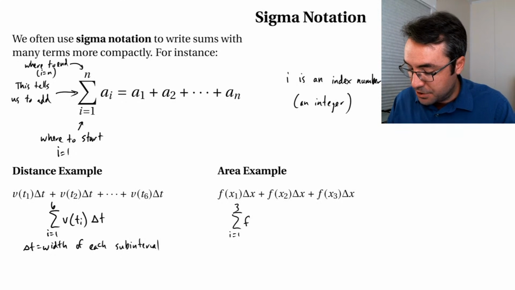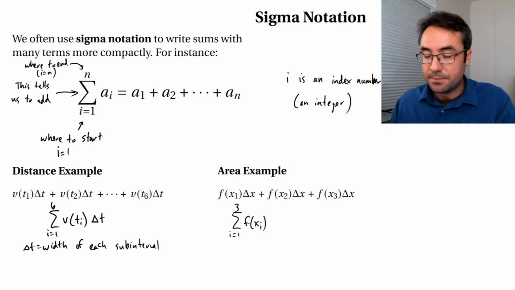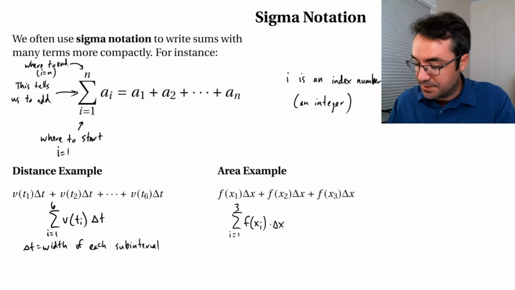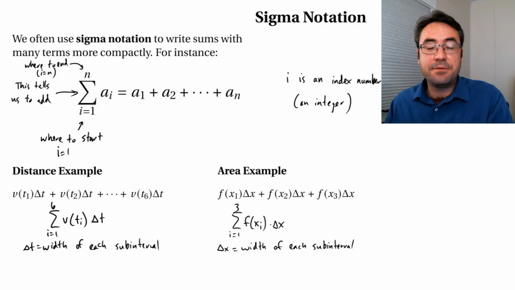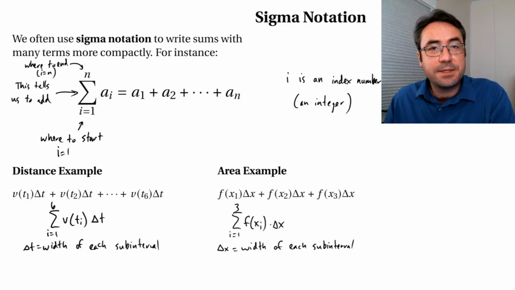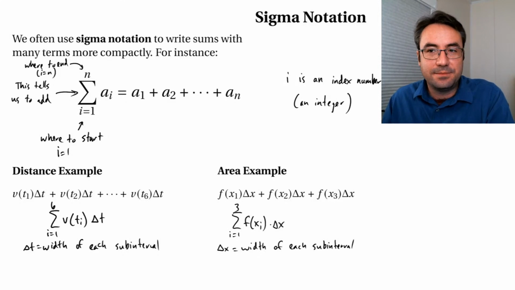And it would be our function value evaluated at xi times delta x, where we said delta x was the width, again, of each subinterval. So f of xi would be the height of our ith rectangle.